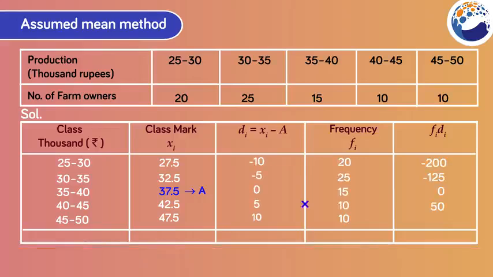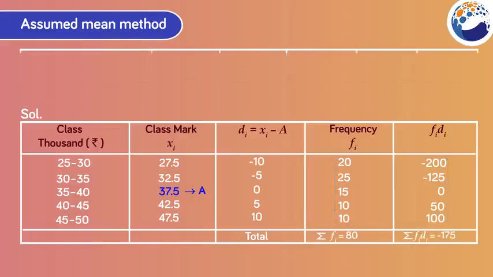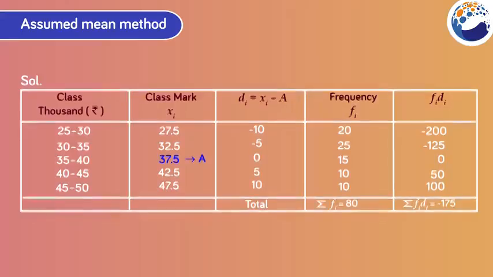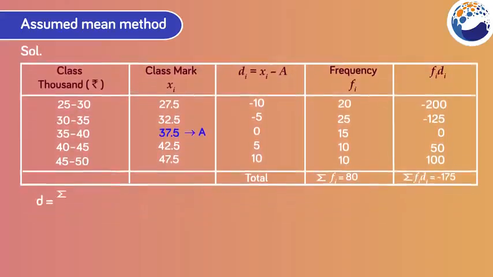Then we find the sum of all frequencies, that is summation fi is equal to 80, and the sum of all fi di, which is summation fi di, is equal to minus 175. We now calculate d bar, that is equal to summation fi di upon summation fi, which is equal to minus 175 upon 80, is equal to minus 2.1875.